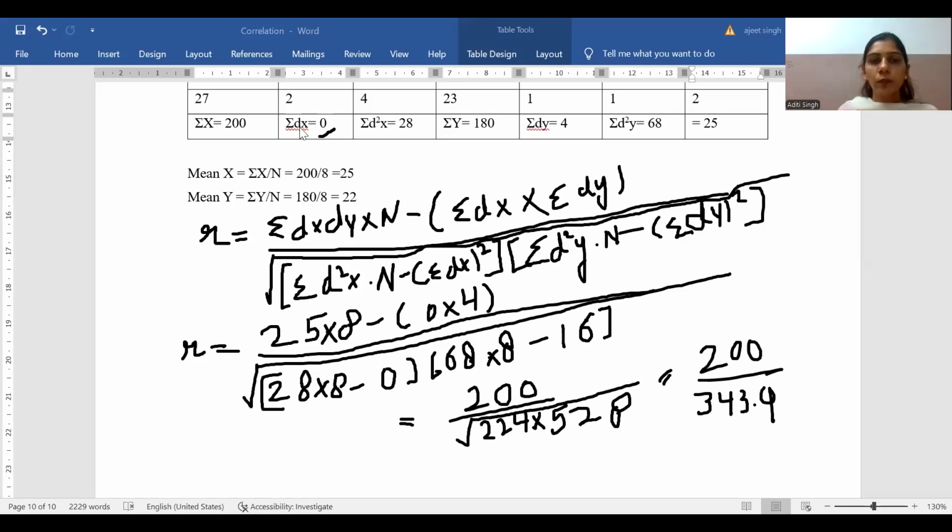So the answer will be 0.581. So the value of R is equal to 0.581.